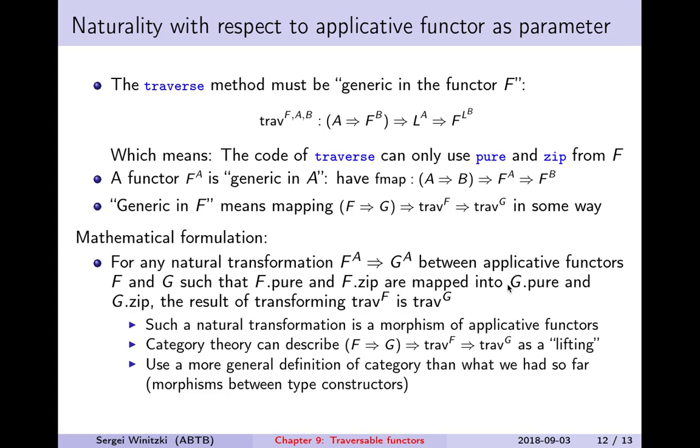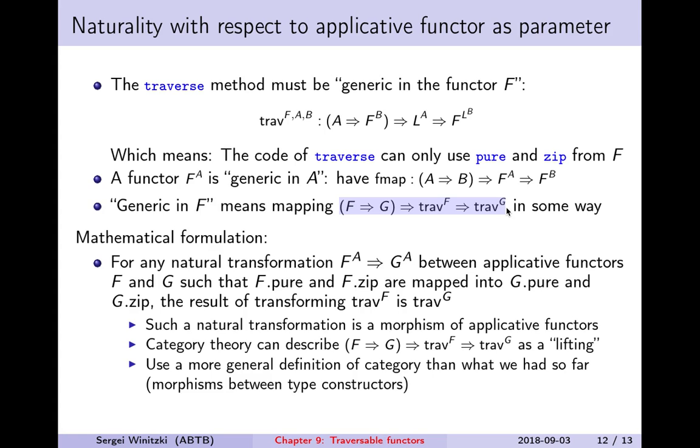So if you look at this notation, which is slightly made shorter on purpose by omitting various type parameters, it really looks like lifting from a function f to g into function of traversing f to traverse g.